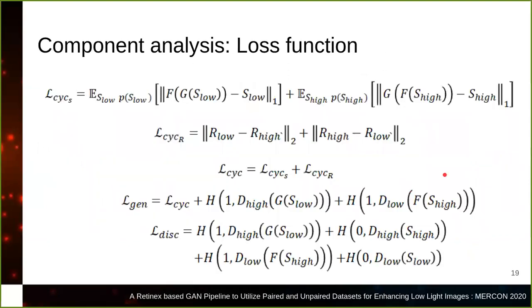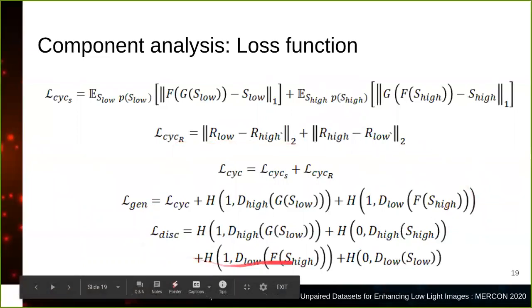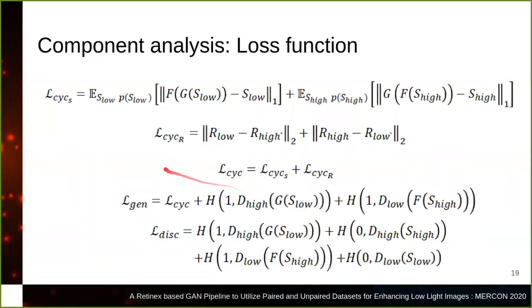We need to build up a loss function to incorporate all these things. For example, we have loss functions for the generator as well as the discriminator, and also the cycle consistency loss, which comes under the generator. The cycle consistency loss also works for the complete image, the S, as well as the closeness of the reflectance maps in both well lit and low lit conditions, based on the idea that reflectance is invariant across different lighting conditions.